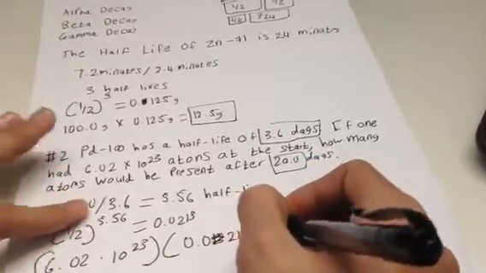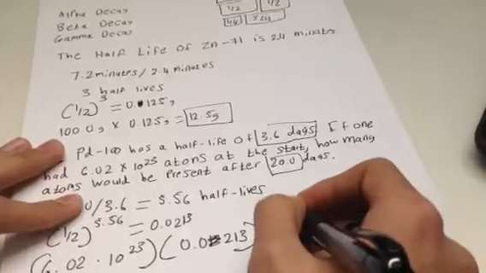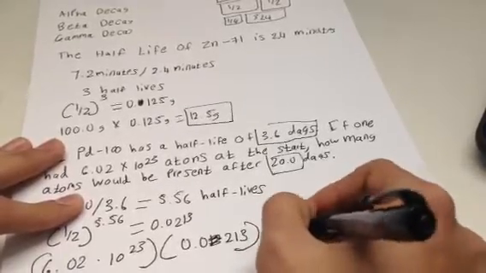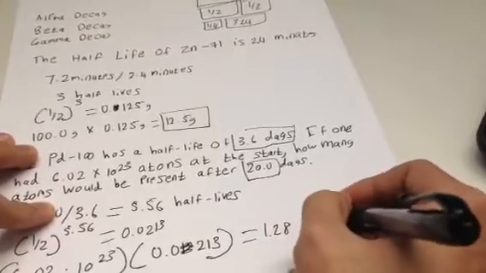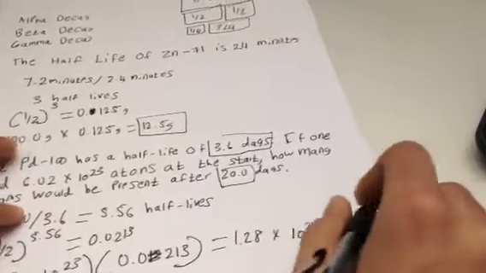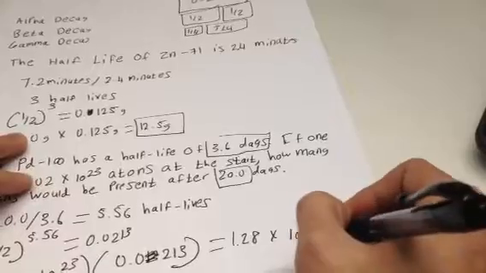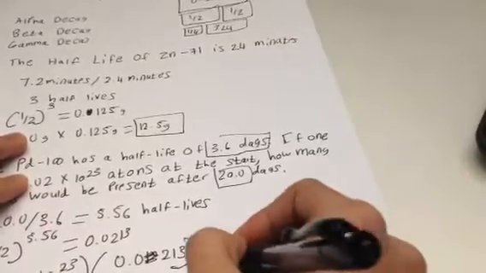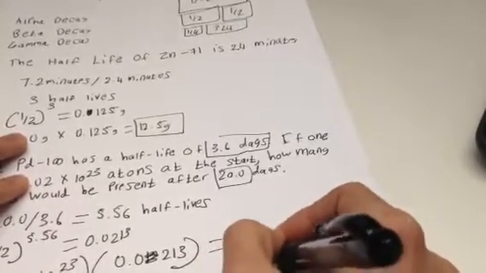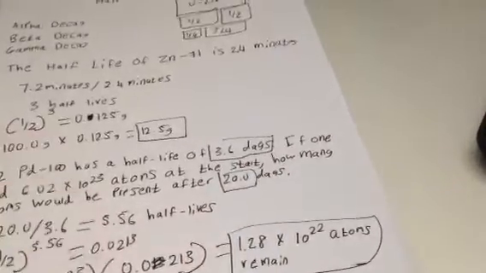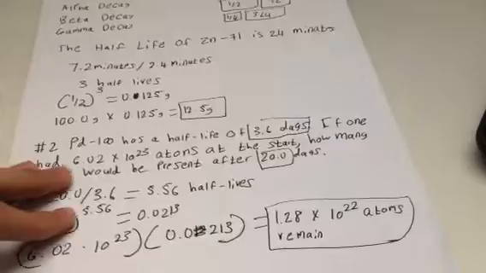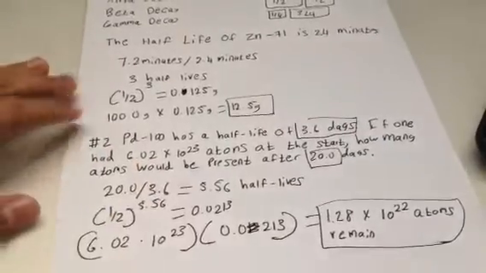And now that equals 1.28 times 10 to the 22nd power atoms remain. And that is our answer. This is fun. Let's do a few more of these. And this is just the entire thing for reference. Let's go on.